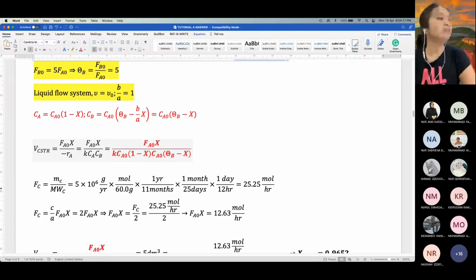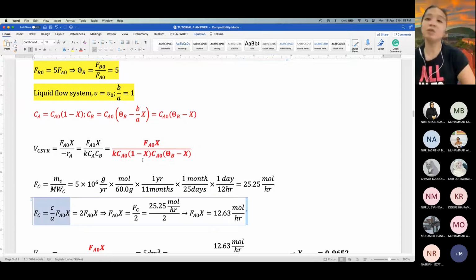Stoichiometric table kan give you a correlation between FC dengan FE0. Maksudnya dalam kamu tengok the stoichiometric table, okay, you will have the correlation between FC dengan FE0. Maksudnya kalau saya dah dapat solve FC, if I can solve my FC, I can actually find my FA0. However, tak apa. I will solve first, cari dulu FC. Kita cari FC, baru kita fikir the next step.